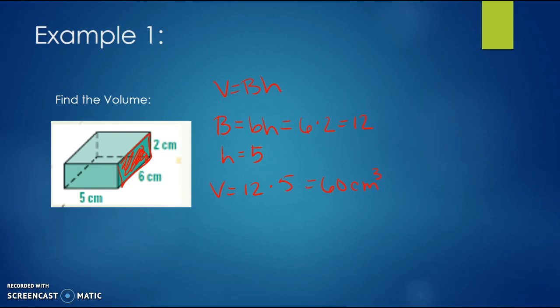Now with a rectangular prism, it's special. We could have chosen any of these rectangles. So I could have chosen the 5 by 6. If I would have chosen the 5 by 6 as my base, then we would have had a B that is 30 centimeters squared, and then our height would have been the distance from the bottom to the top, which is 2, and so then our volume would have been 30 times 2, which is still 60 centimeters cubed.